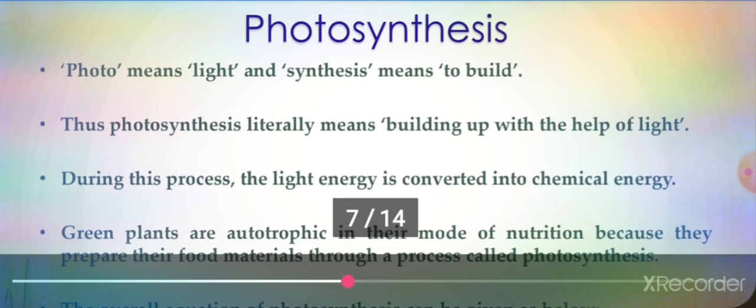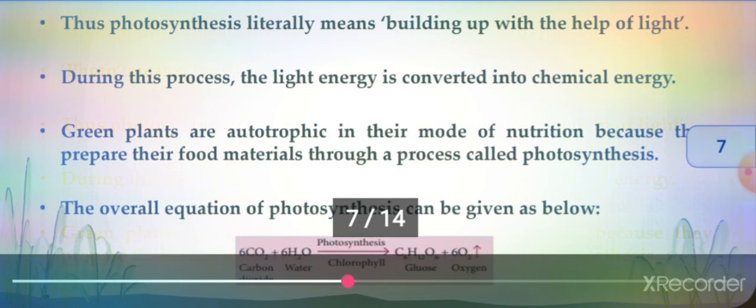So, photosynthesis literally means building up with the help of light. And during this process, the sun's light energy is converted into chemical energy, that is glucose, C6H12O6.